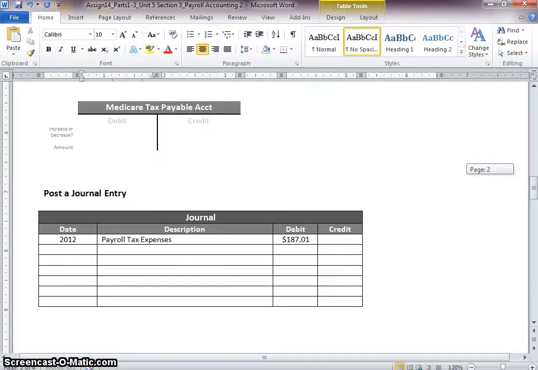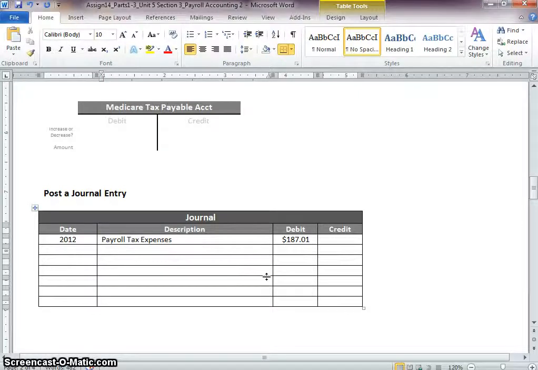Okay, and then we're going to go down here to our journal entries, and I have done the first one for you. And there's my phone ringing in the background. So I have my debit listed first, and then I'm going to list all of my credits following this one.